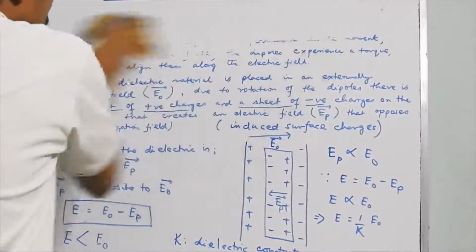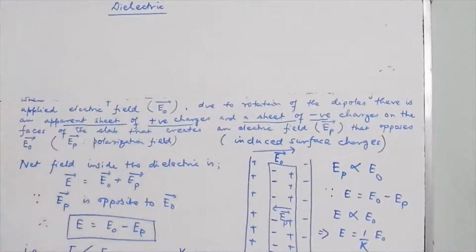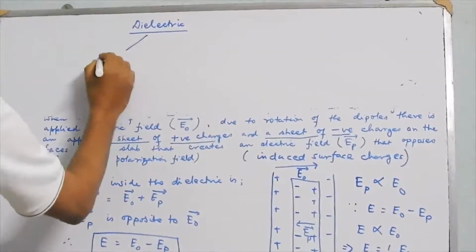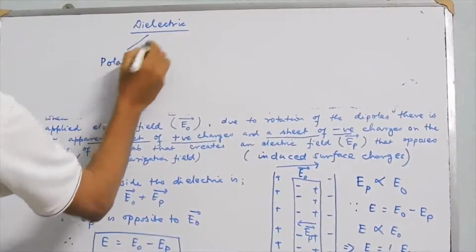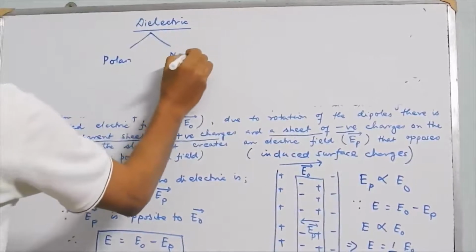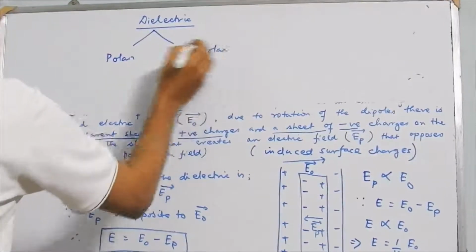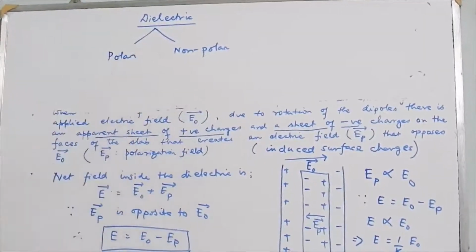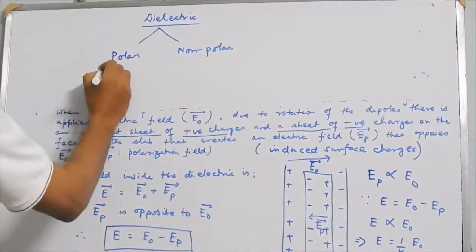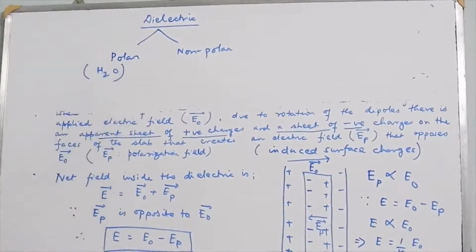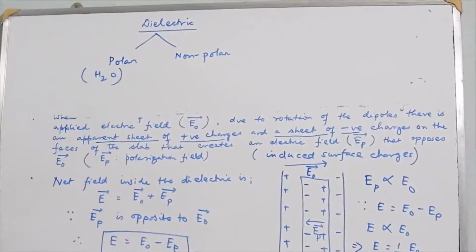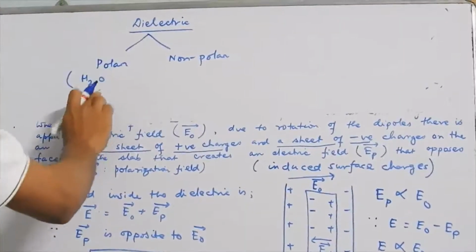So if we classify a dielectric, we can say that either it is polar or it is non-polar. Examples of polar dielectrics might be water. Of non-polar dielectrics, there are many such examples.